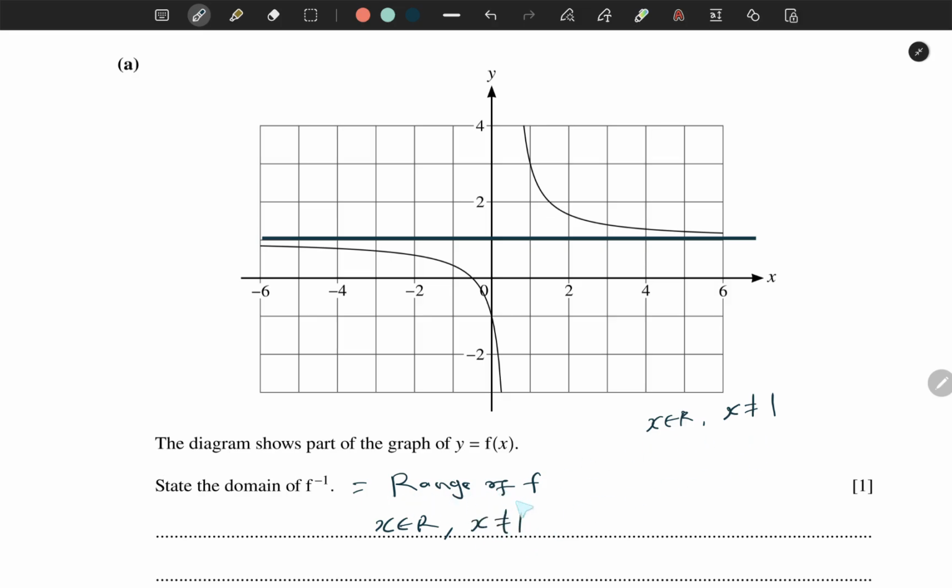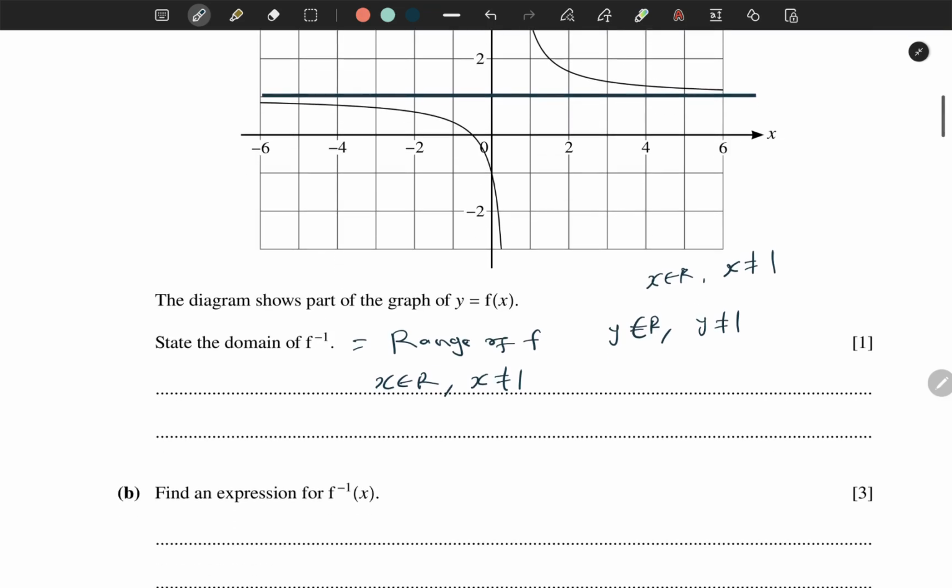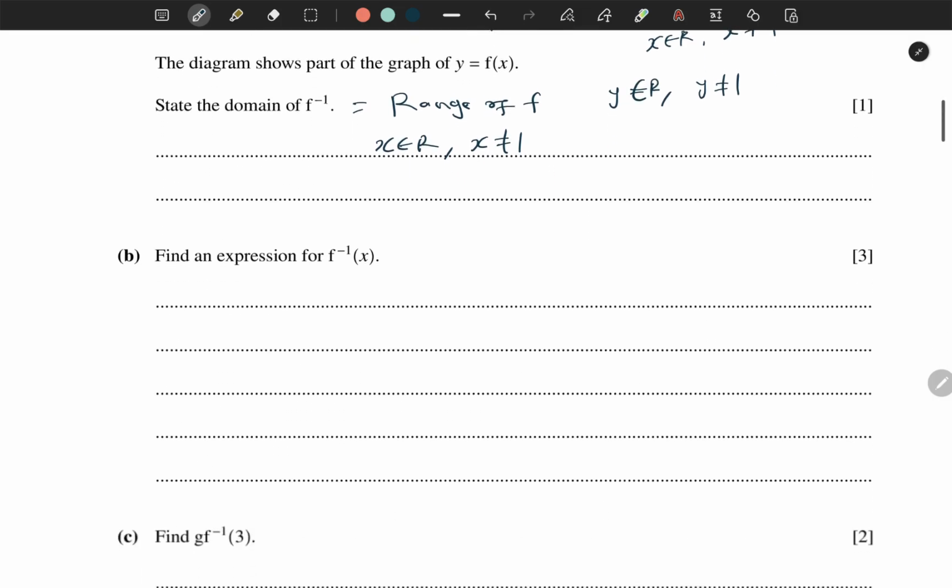Ordinarily, if you are looking for the range of f, you just write y belongs to real numbers but y not equal to 1. Since you are now talking about the domain of f inverse, we use x. So that's the answer to the first one: domain of f inverse equals x belongs to real numbers and x not equal to 1.